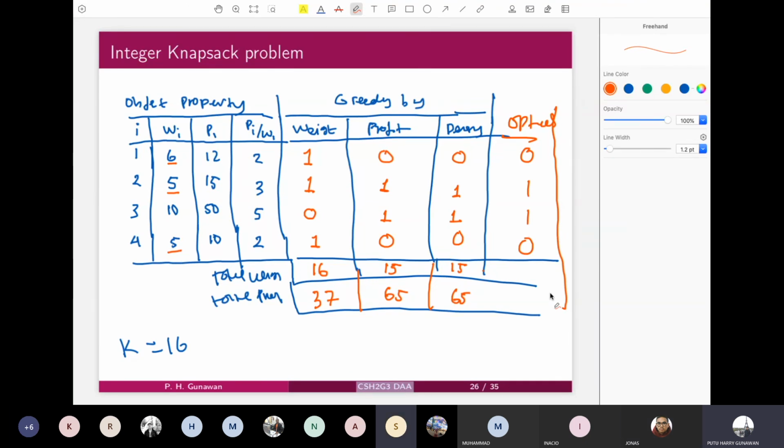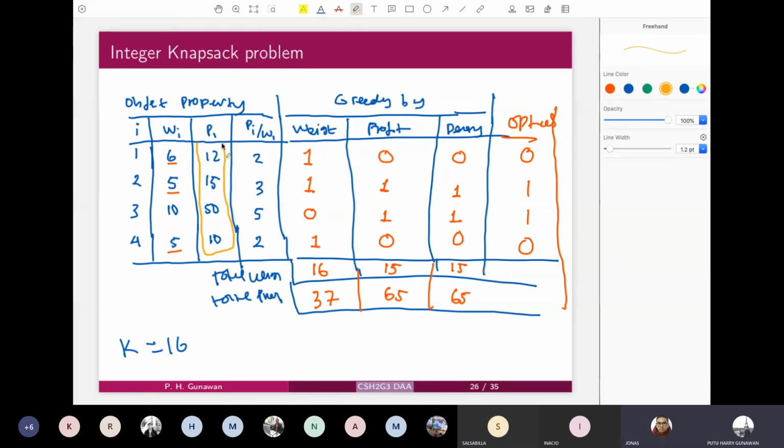Sorry, sir. I don't understand why the profit is 2 and 3, and the total value just 15. Why this one? Okay. So for the profit, you look at this table, this column, right?